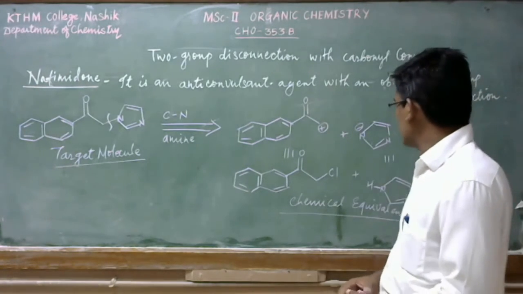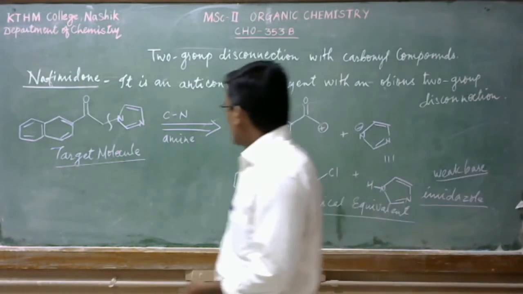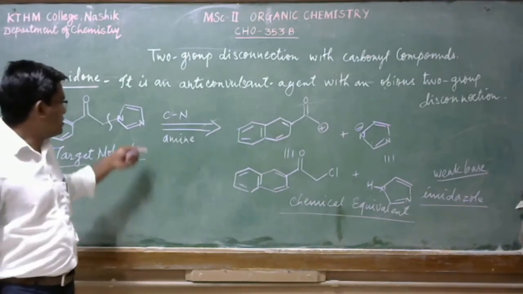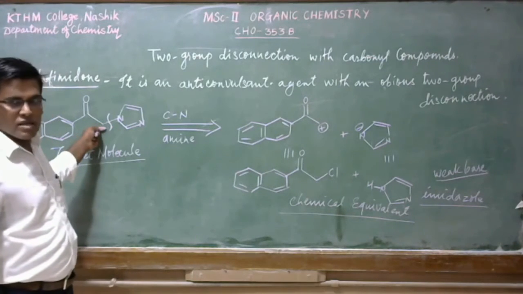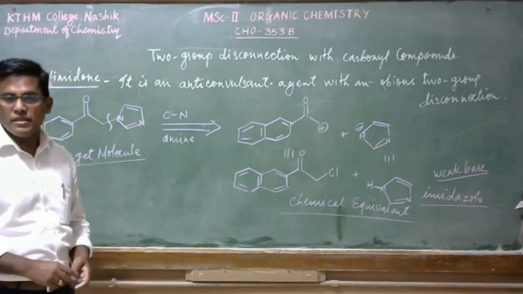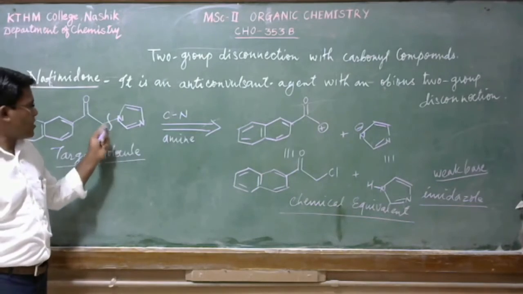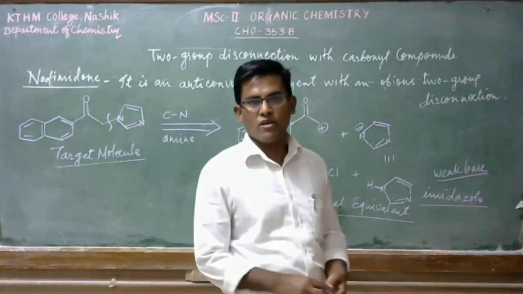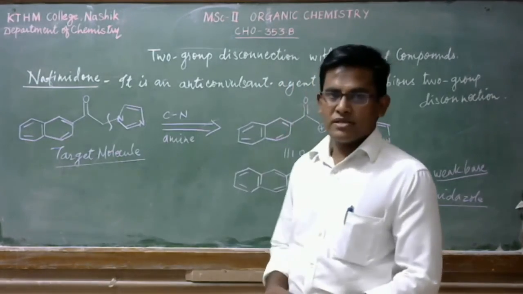Okay, all right. So when you have a target molecule like this, we can have the obvious two group disconnections. So we can cleave this CN bond to get these two synthons. Alright. So let us have its synthesis.